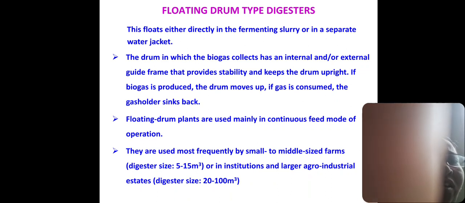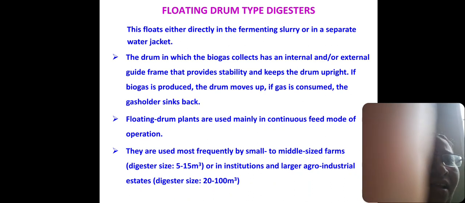The drum in which the biogas collects has an internal and external guide frame that provides stability and keeps the drum upright. If biogas is produced, the drum moves up. If gas is consumed, the gas holder sinks back.